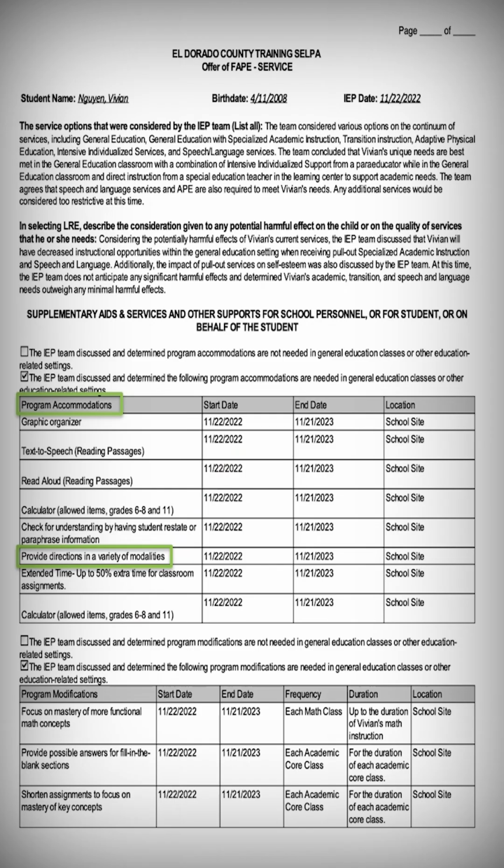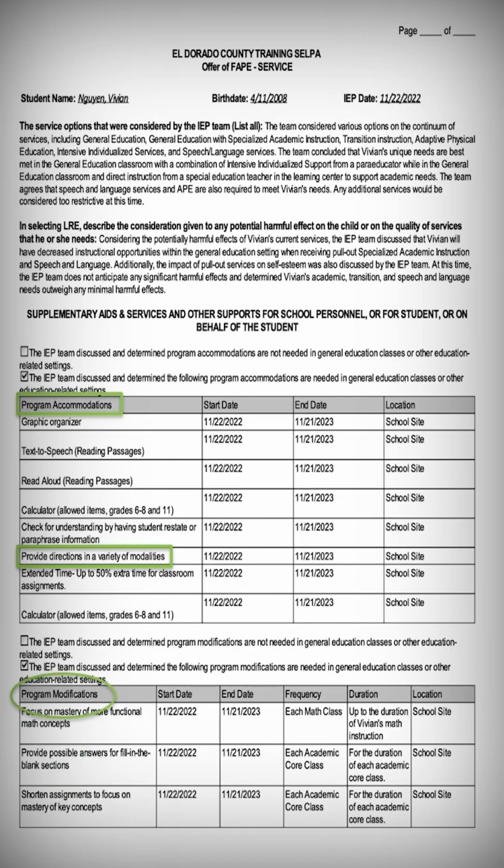The teacher might say the directions out loud, write them on the board, and then give Vivian a simple checklist at her desk. Same lesson, same expectation, just more ways for Vivian to understand what she needs to do. I've linked a resource below with the accommodations organized by needs, so you can explore the supports that fit your child's needs.